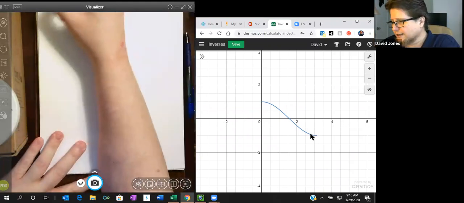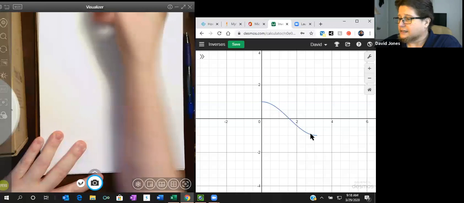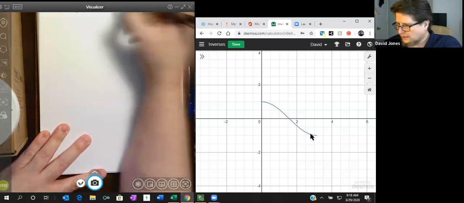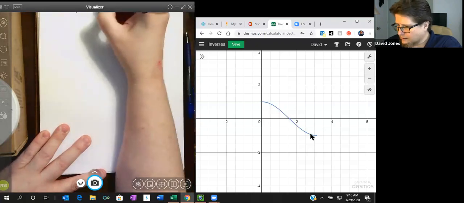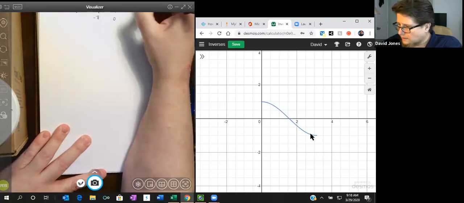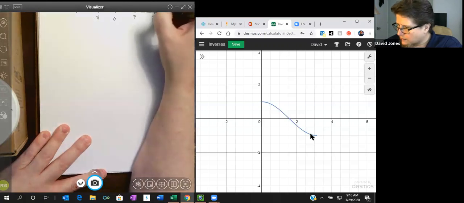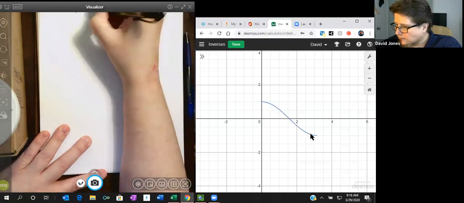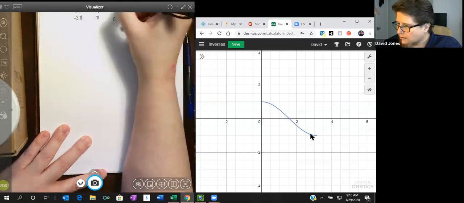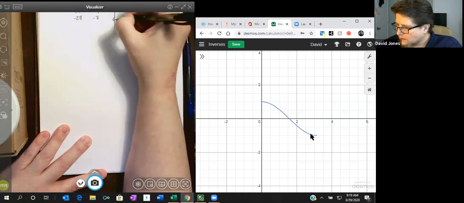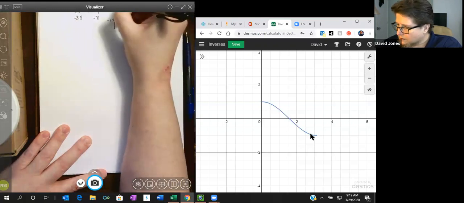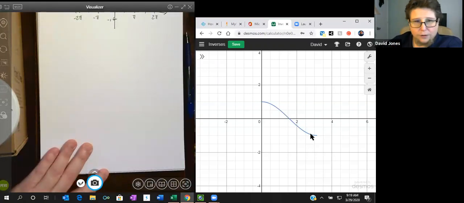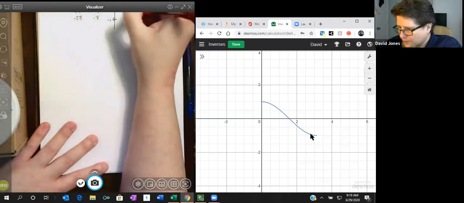So let's look at cosine x on paper. We restrict the domain to be between 0 and pi.